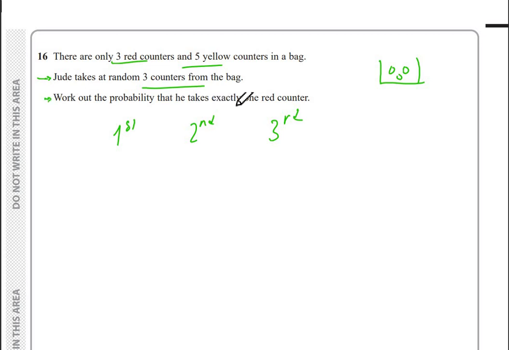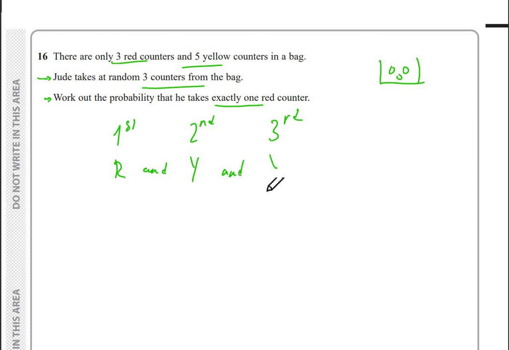So we don't want to find the probability that he takes 3 reds or 2 reds and 1 yellow. We want to find the probability that he takes only 1 red on either of his picks, which means that his remaining picks must be yellow. So on his first pick he could take a red, and he could take a yellow, and he could take another yellow.